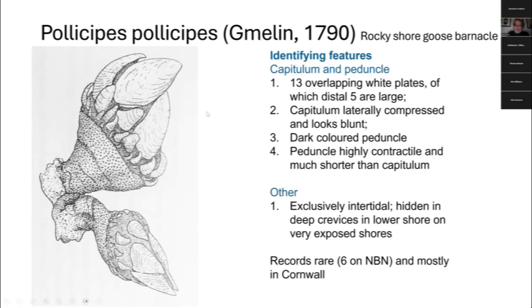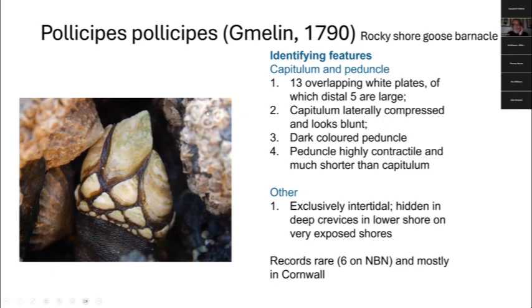Now, this here's a photo of it. I stole this one for the purpose of this presentation, but it shows you very easily its characteristic appearance with these plates, including these large ones distally on the capitulum, and also the very dark coloured peduncle down here.